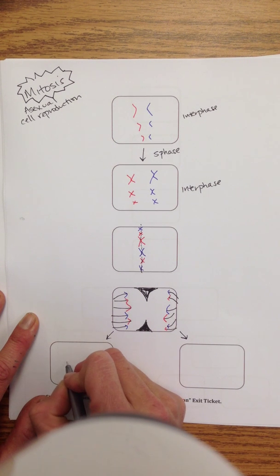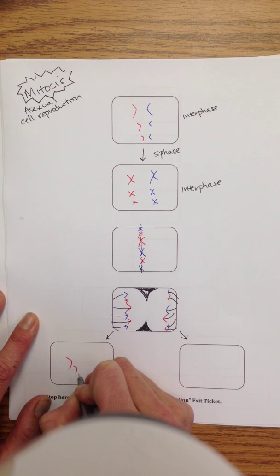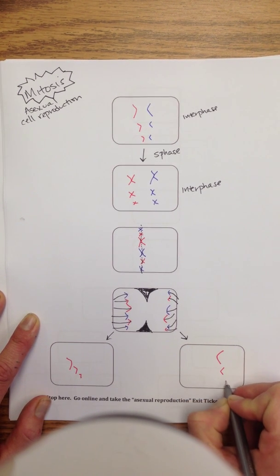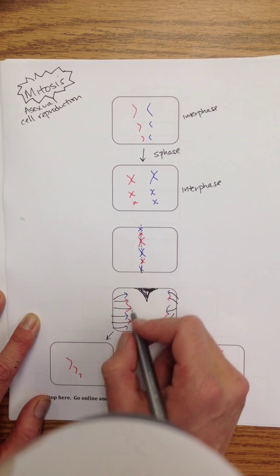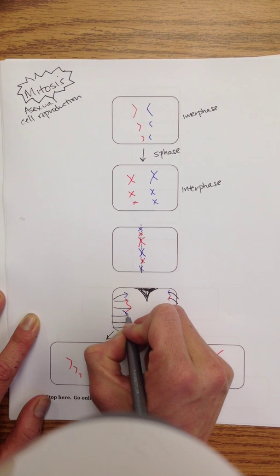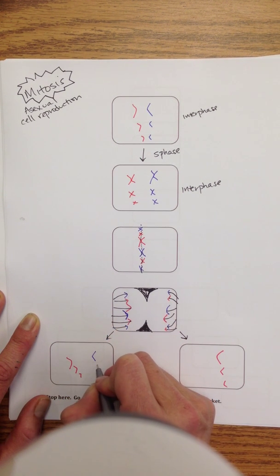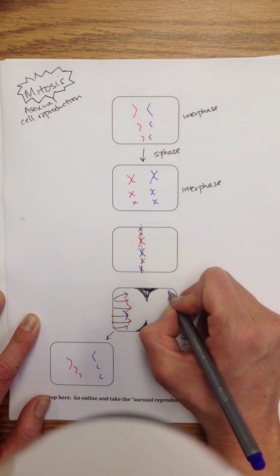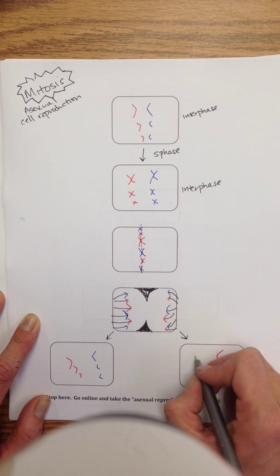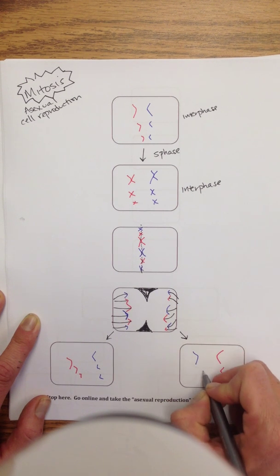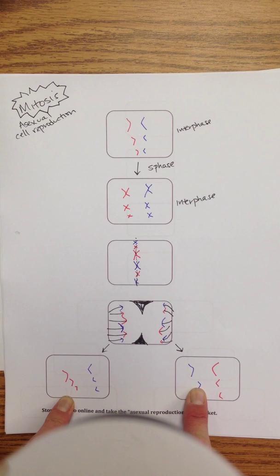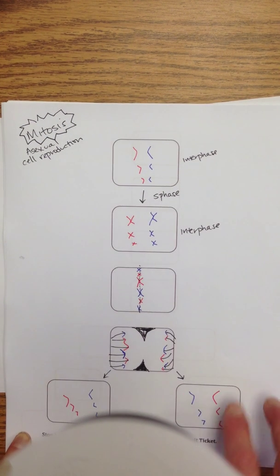So let's see, I have 1, 2, 3 of those. Over here I have 1, a smaller and a smaller. Over here I can see I have 1 big one, a medium one, and a small one. A big one, a medium one, and a small one. Excuse the fact that my pictures are not perfect. Big one, medium, small. So compare these daughter cells to where we started.